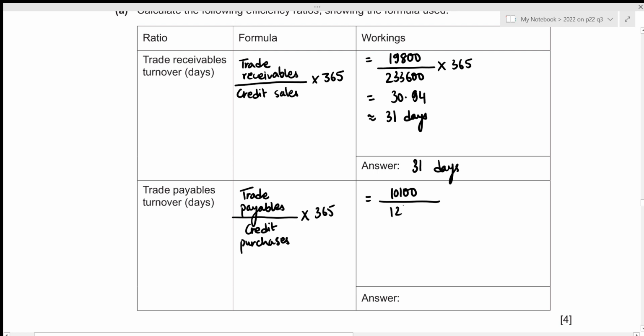That's 129,000 times 365. So our trade payables turnover is going to be 10,100 divided by 129,000 times 365, which results in 28.58. Again, this is days, so the rounded off figure is going to be 1 greater than this value, so that's going to be 29. So the correct answer will be 29 days.